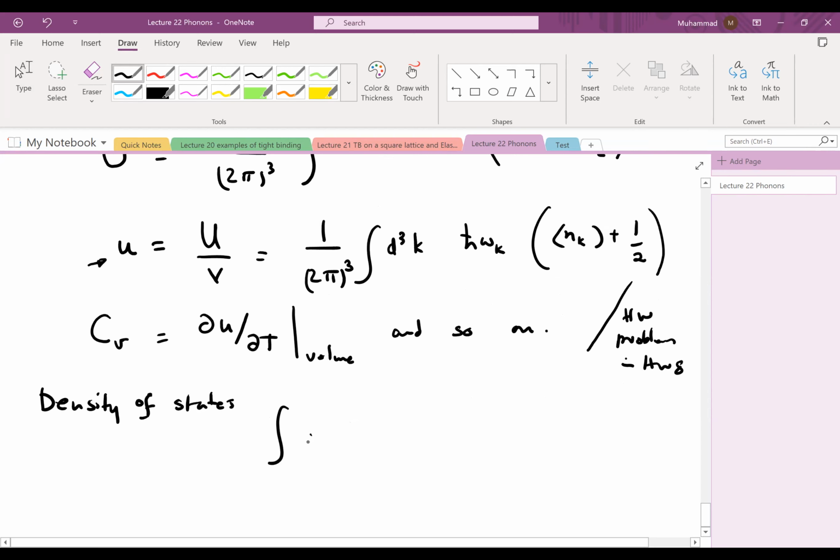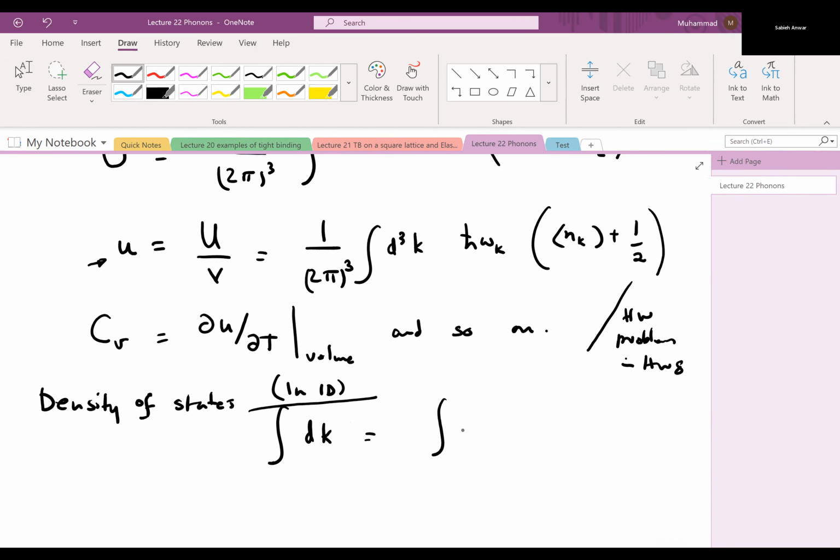Remember that if I were to take a sum over k, suppose I'm in 1D, or an integral over k, I can always express this as an integral over omegas. My modes can be defined by k's, and they can be defined by omegas in an equally respectable fashion.